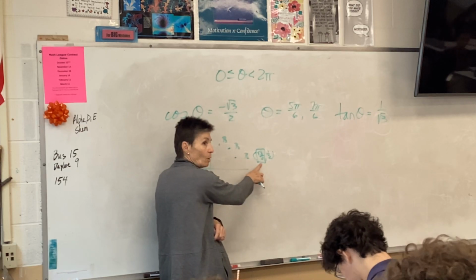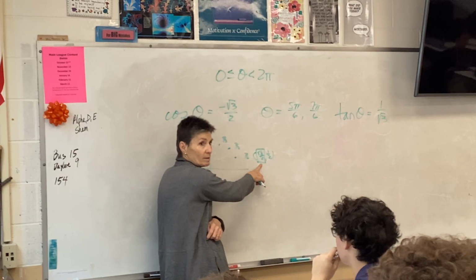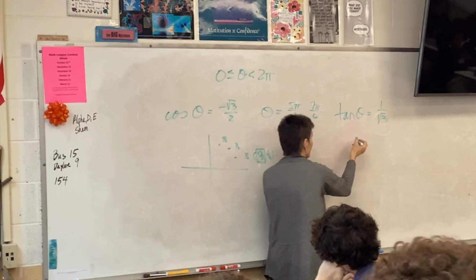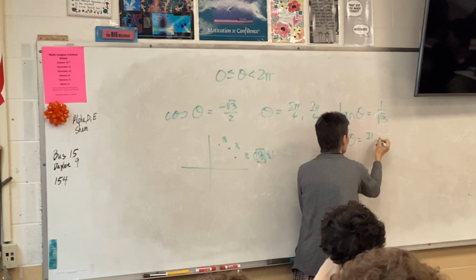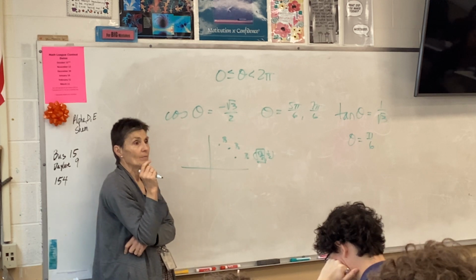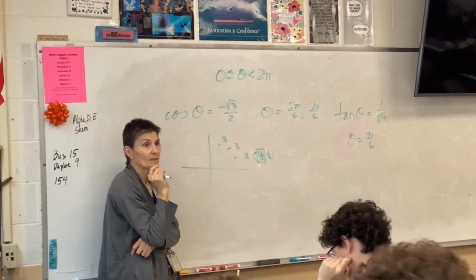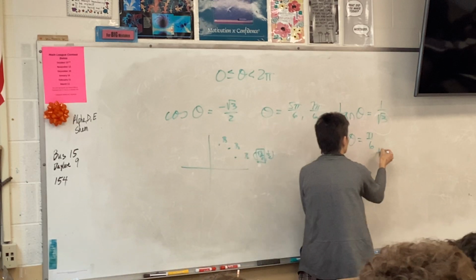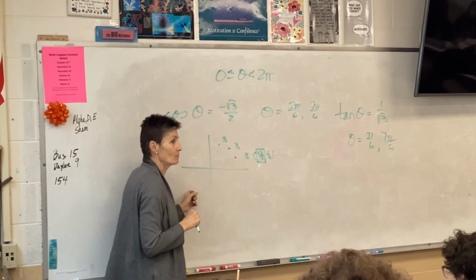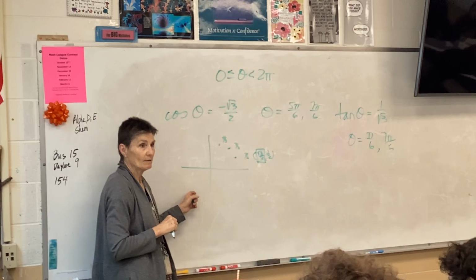And won't that be 1 over root 3? Are you with me, folks? So one answer is pi over 6. Where will the other answer be? Is there any other place that tangent will be positive? Alex? 7 pi over 6. Why is tangent positive at 7 pi over 6? Because x and y are both negative.